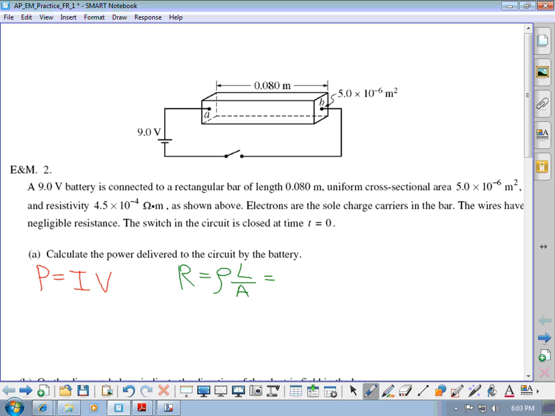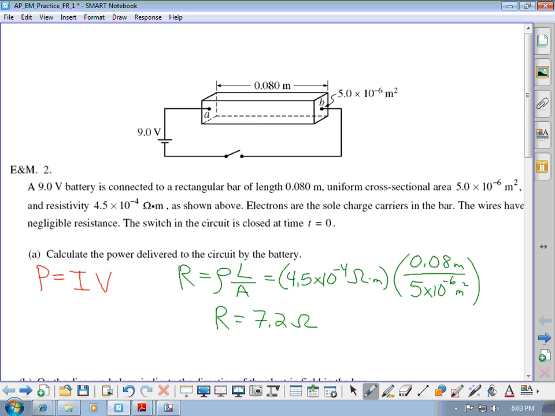So for this, we have 4.5 times 10 to the negative 4 ohm meters times the length of 0.08 meters divided by the cross-sectional area of 5 times 10 to the negative 6 square meters. If you calculate that, you get a resistance of 7.2 ohms.